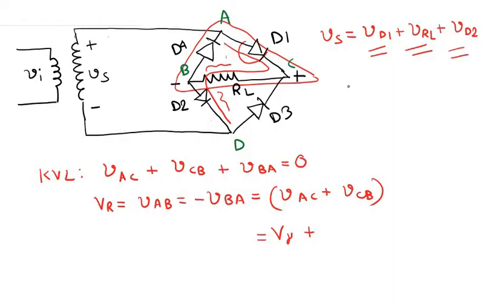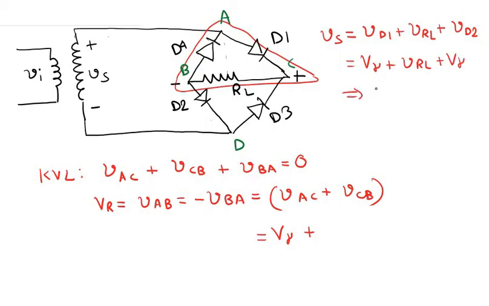VD1 and VD2 are both V gamma, so we can write this as V gamma plus VRL plus V gamma.